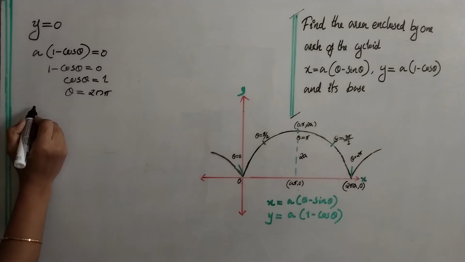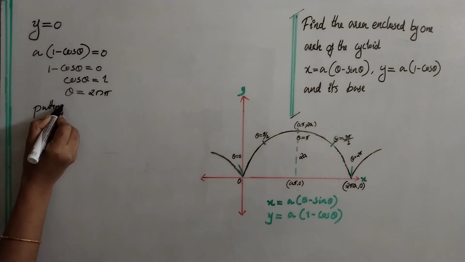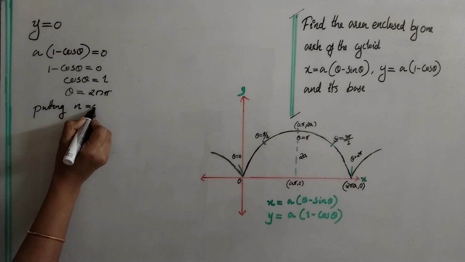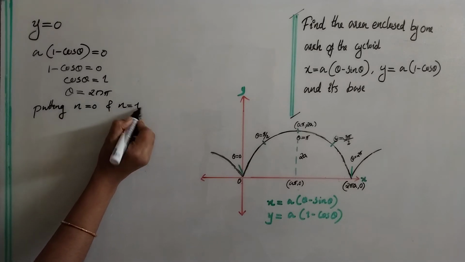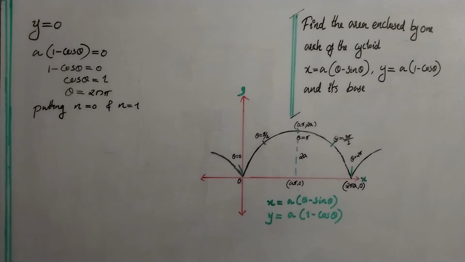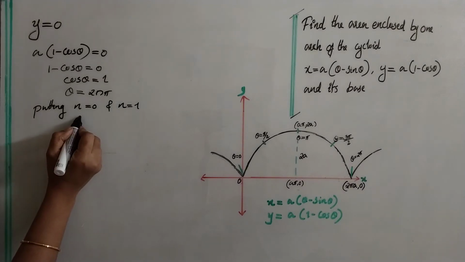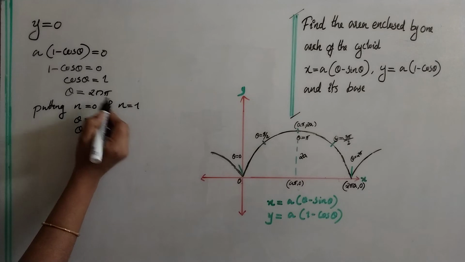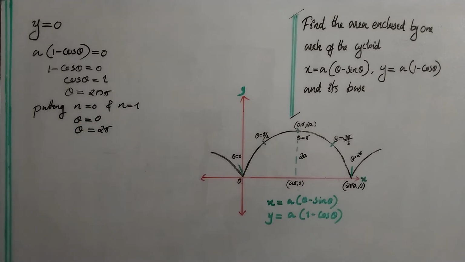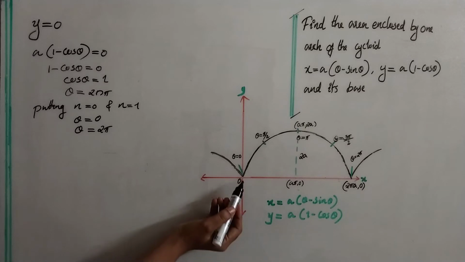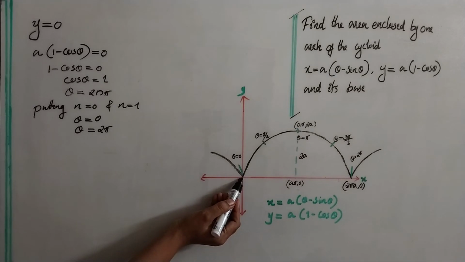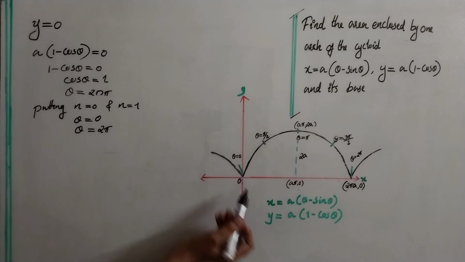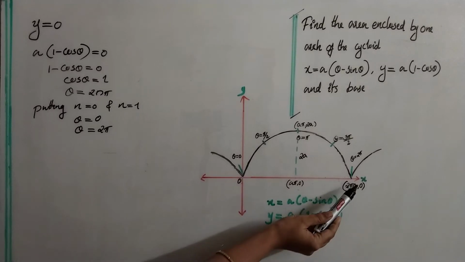Putting n equal to zero and n equal to 1, we get the values of theta: n equal to 0 means theta equal to 0 and n equal to 1 means theta is equal to 2 pi, and that corresponds to the two consecutive contacts 0 0, that is value of x is 0 and y is 0, and 2 pi a 0.